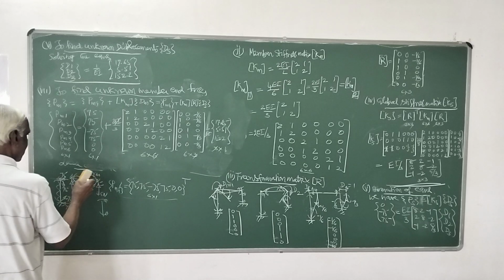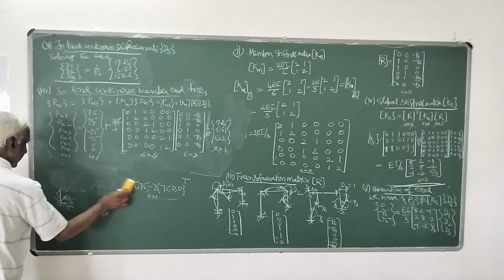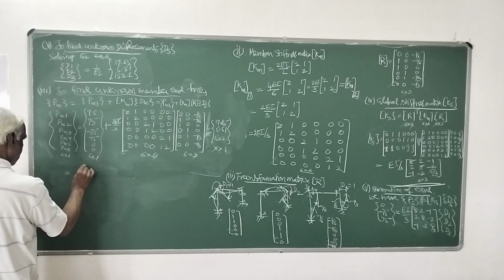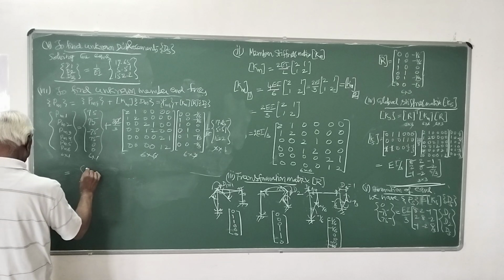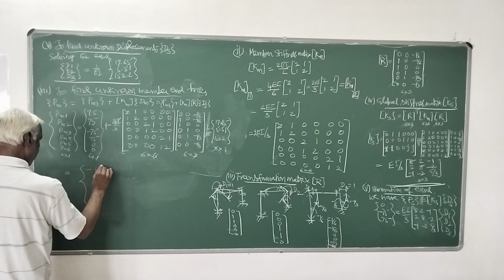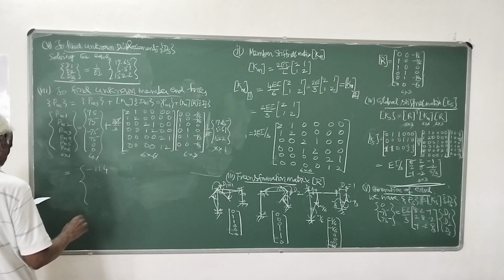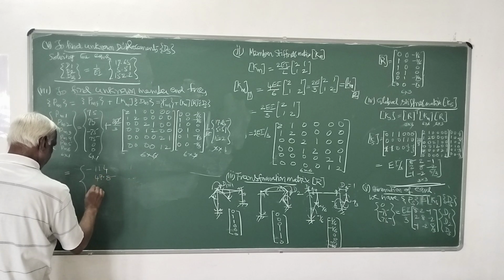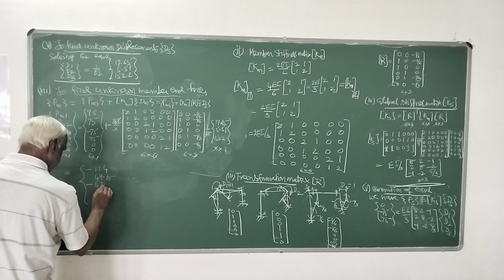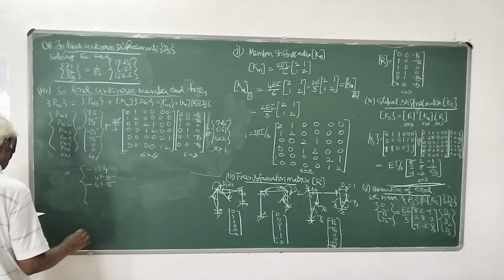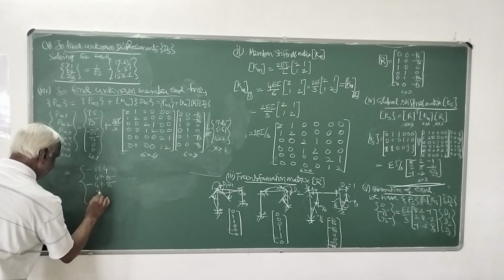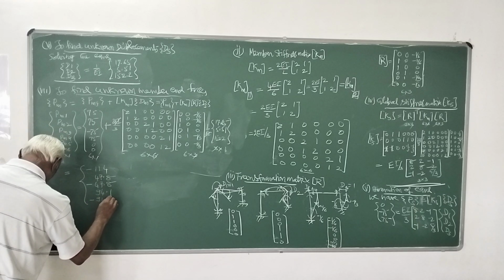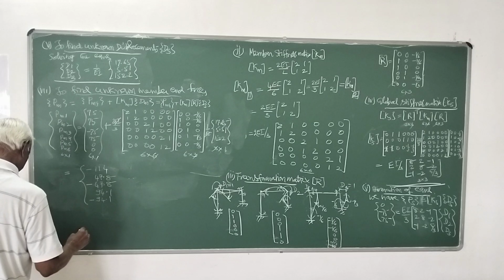So the final result, of course, I have, and you can cross check. The final result is that you are going to get the member end actions as minus 114, 47.8, minus 47.8, 94.1, minus 94.1, then minus 97.8.